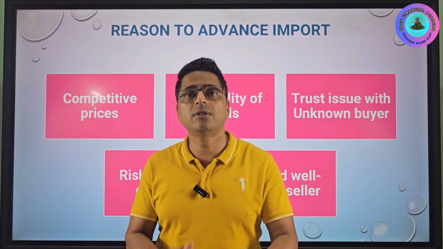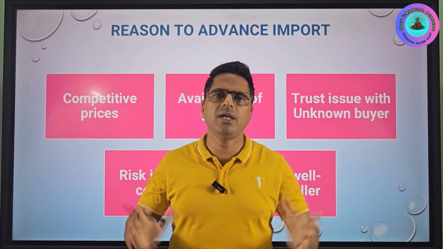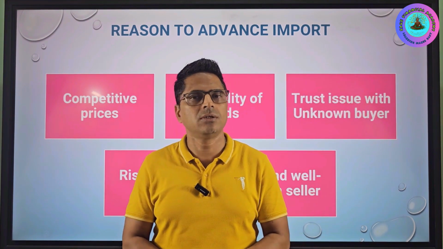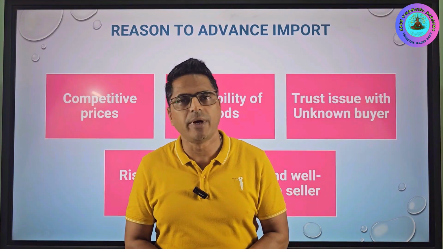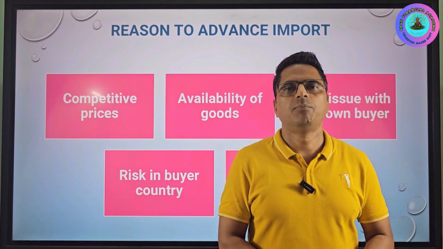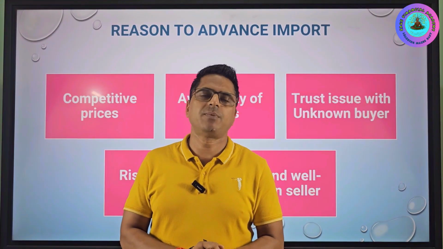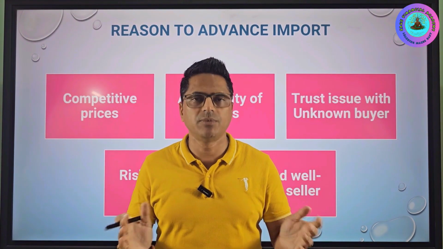Because they are selling the goods at a very cheap price, and many entities are following them, they are in an advantageous position where they can bargain on the terms of advance payment. Here the supplier can say, yes, I am giving you the best price, so I will receive the payment, then only I will be able to ship the goods.